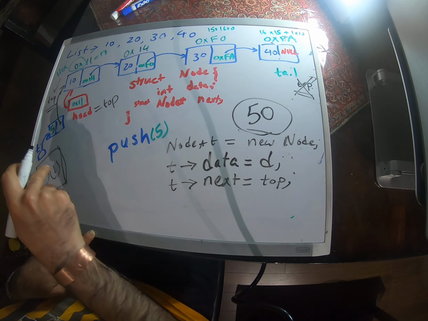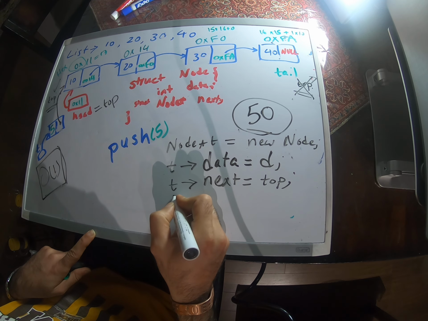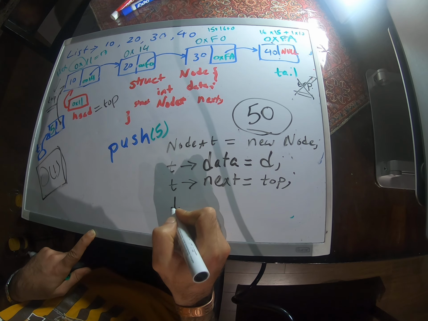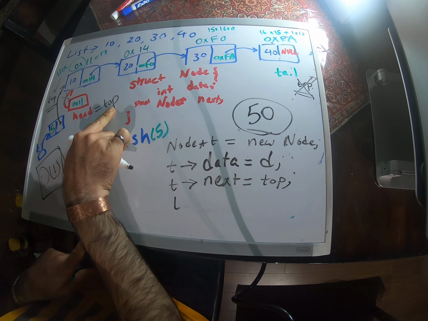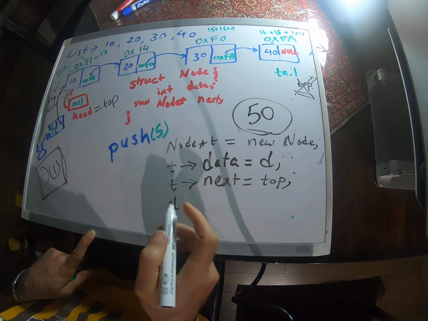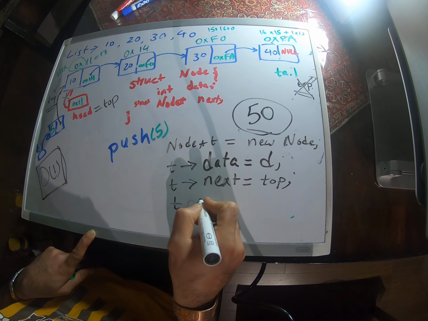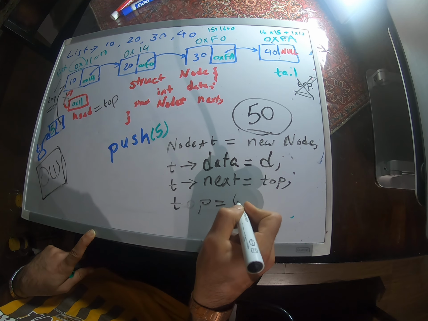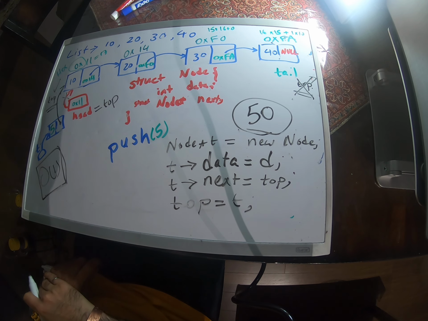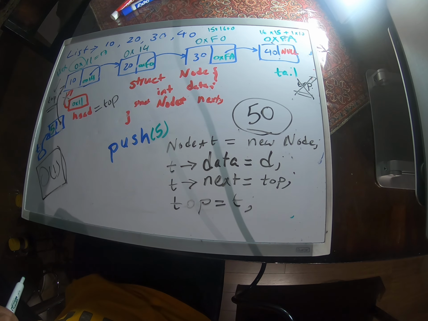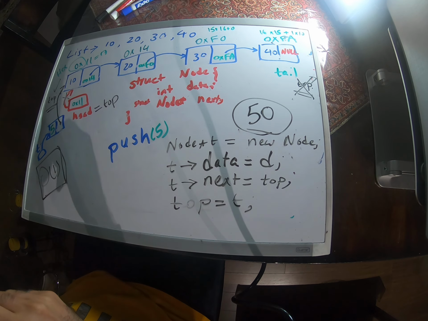The next thing we want to do is make our head, which we now call top, point to the new node. So top is equal to t. This is how we can implement the push function.